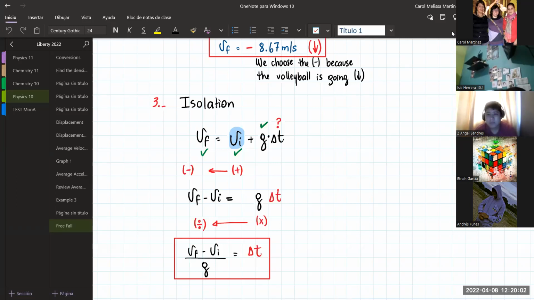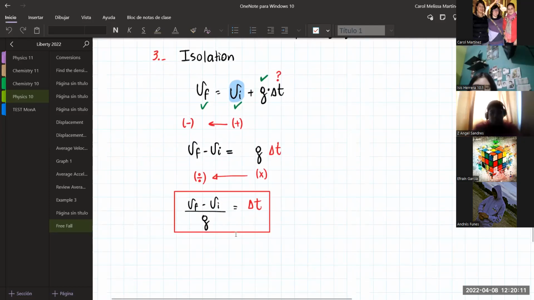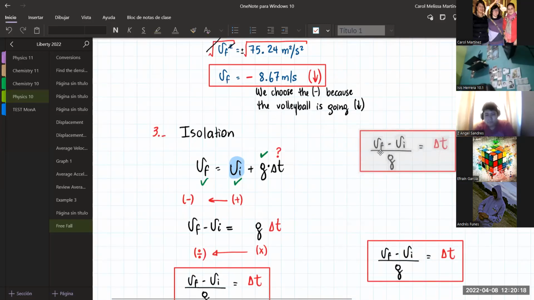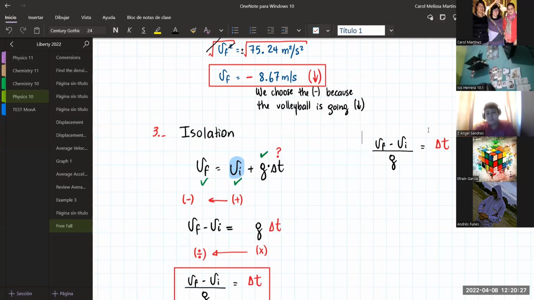The final velocity, we know that is negative 8.67 meters per second. So I'm going to make the substitution of the givens. I know that it is negative 8.67 meters per second minus my initial velocity.